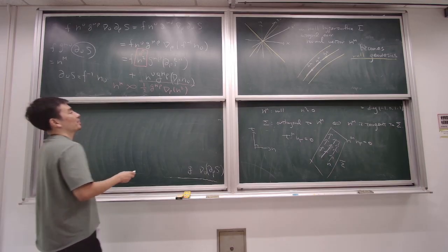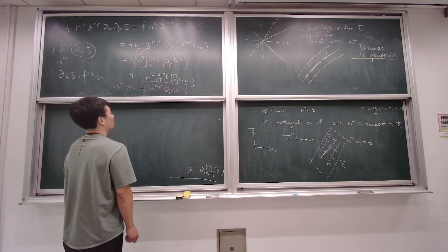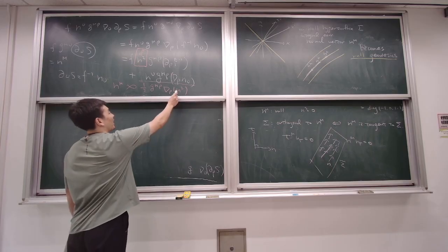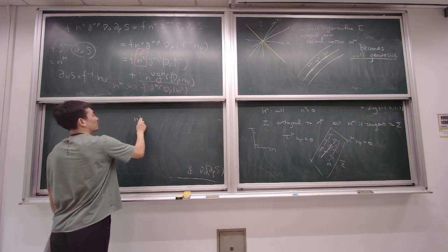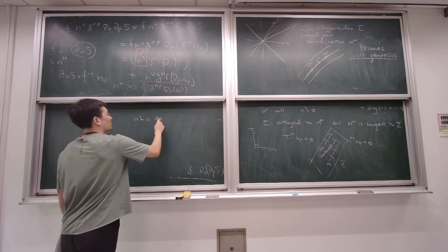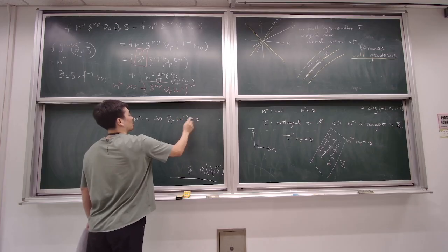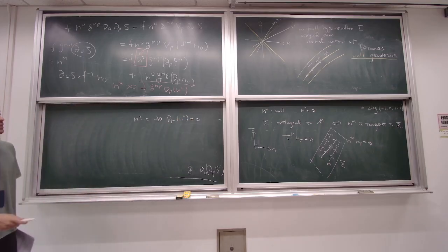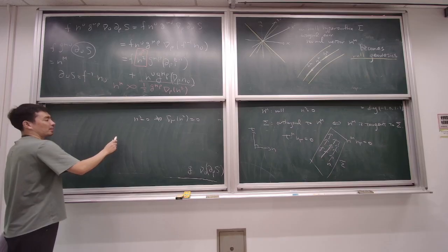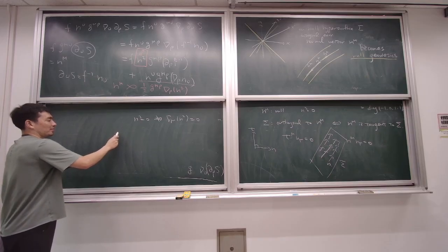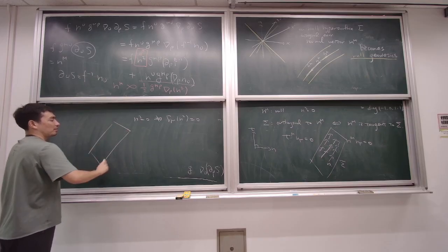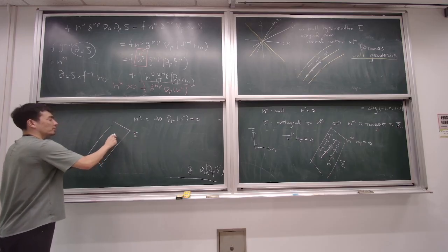Yeah, so it's hard to explain. For me, n square equal to 0 does not necessarily mean del mu n square is equal to 0. On sigma, n square is equal to 0.